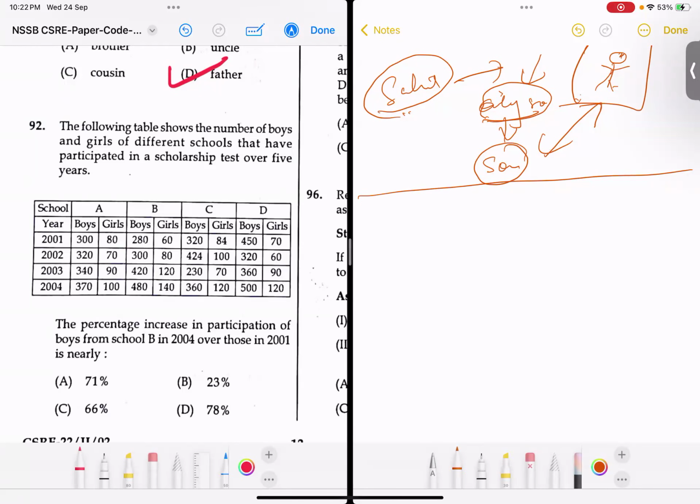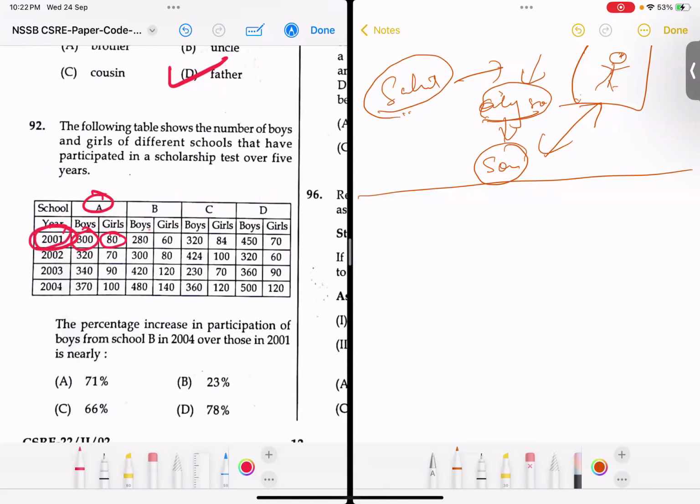In each of these, we have 4 schools, A, B, C, and D, and these are the numbers of students who participated in the scholarship test. In the year 2001, from school A, 300 boys and 80 girls participated.